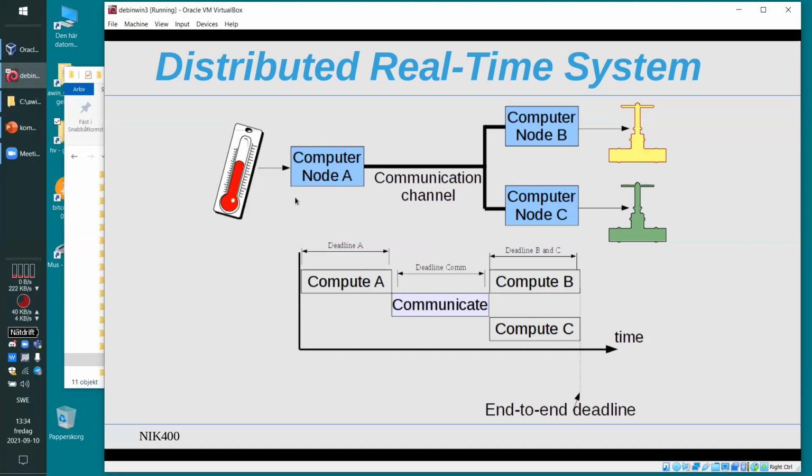So what is jitter? Well, typically you have cyclical systems. So this sensor here is read regularly with a certain sample frequency, like 20 times per second, maybe. And that's the typical communication cycle for the whole system.